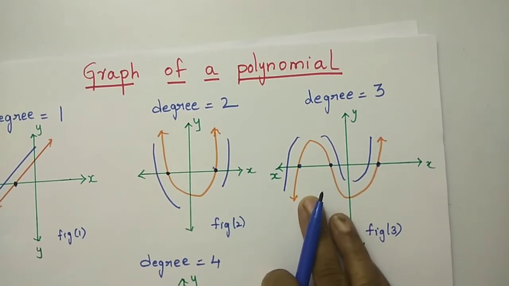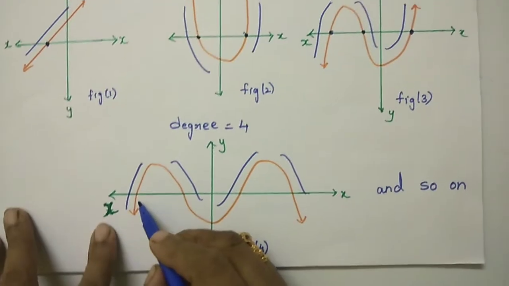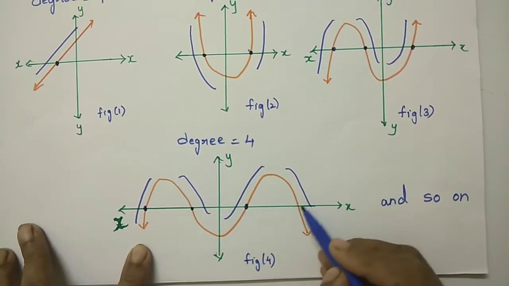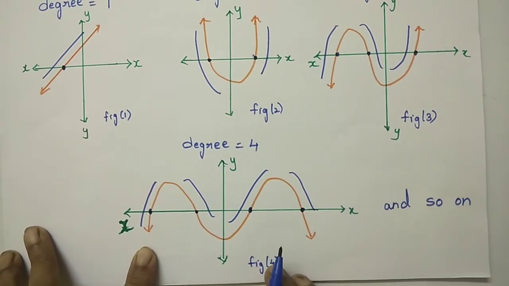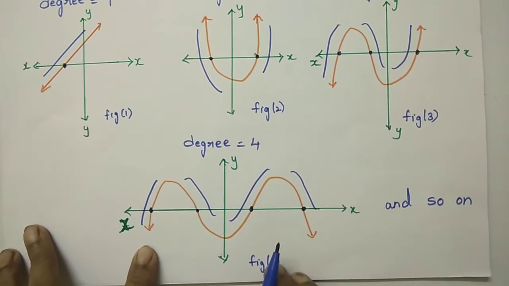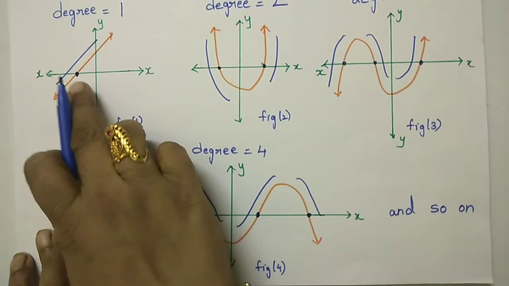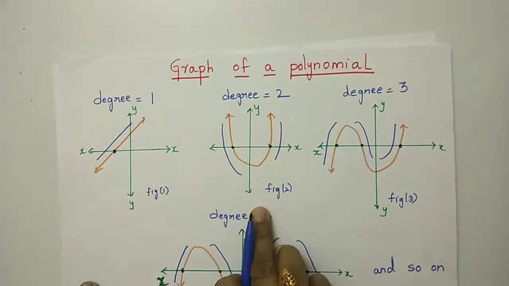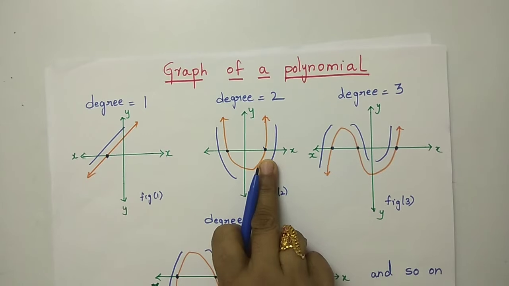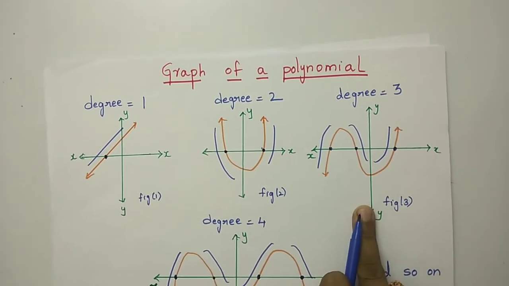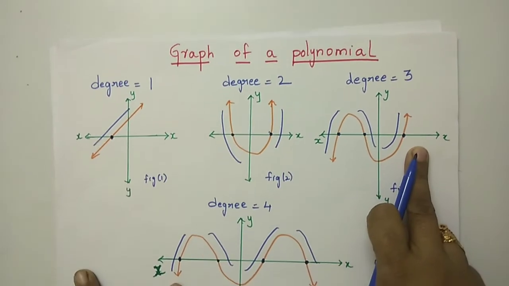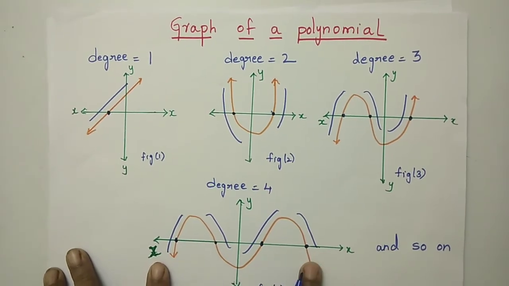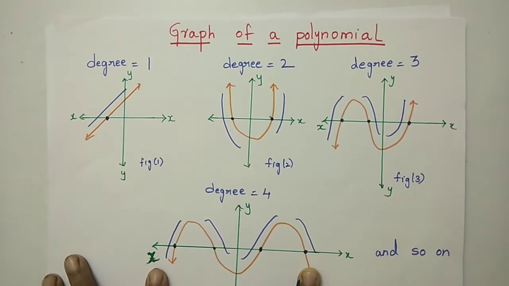Similarly, in figure 4, at these points the value of y is 0 and x has some value. So in figure 1, this point is called a zero of a polynomial. In figure 2, these 2 points are zeros of a polynomial. In figure 3, these 3 points, and in figure 4, these 4 points are zeros of that polynomial.